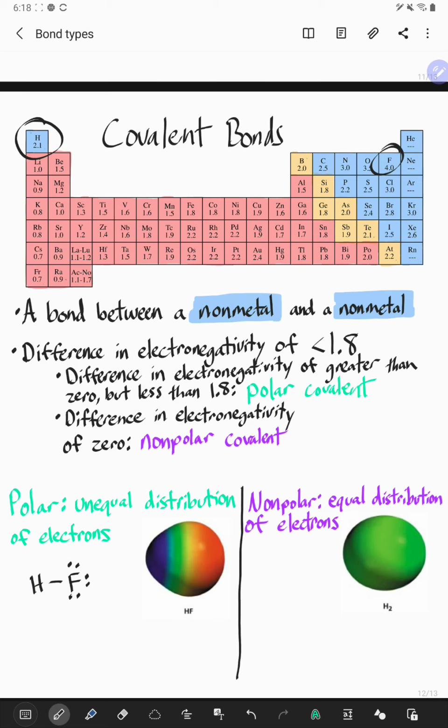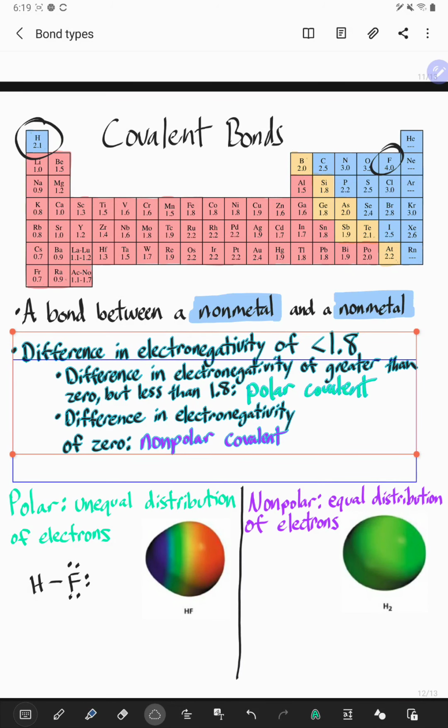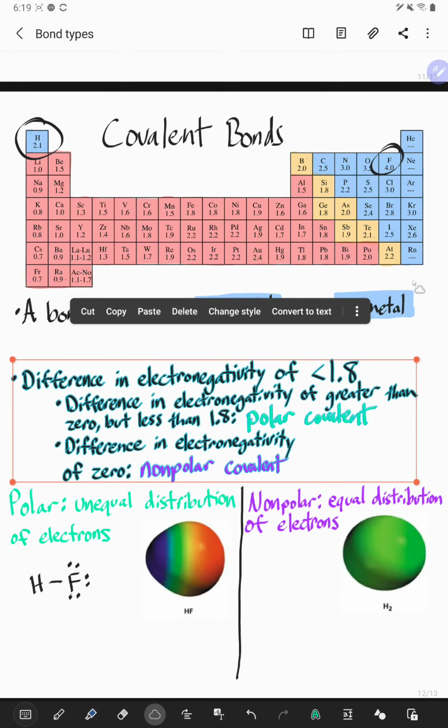Even though we're sharing electrons here, covalent bonds share electrons. That's another important thing to write down, so let me do that right now. We said that ionic bonds are the giving and taking of electrons. Well, covalent bonds are the sharing of electrons.